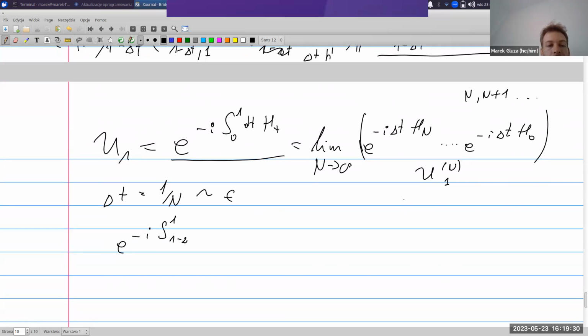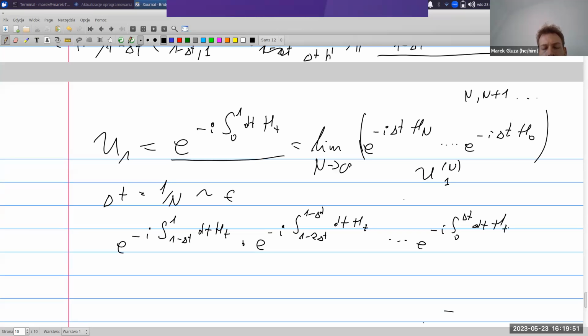1 minus delta t dt ht, then times e to minus I 1 minus 2 delta t 1 minus delta t dt ht, until e from 0 until delta t ht.